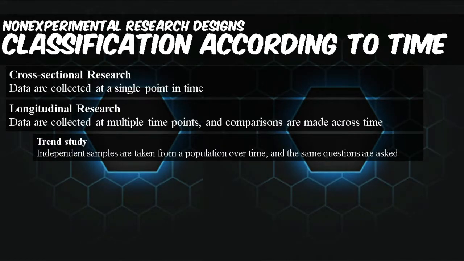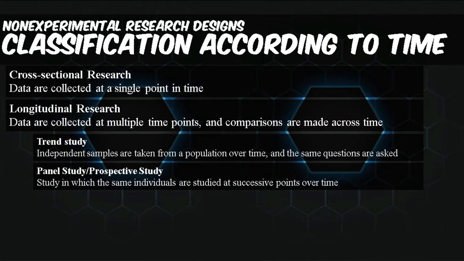Trend study is when independent samples are taken from a population over time and then the same questions are asked. A panel study or a prospective study is similar to a trend study, except that the individuals you are asking are the same throughout the time interval, throughout the data gathering duration.